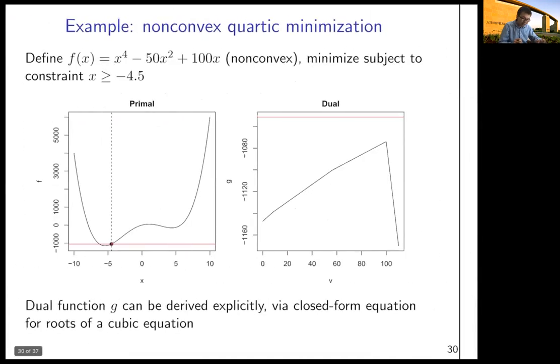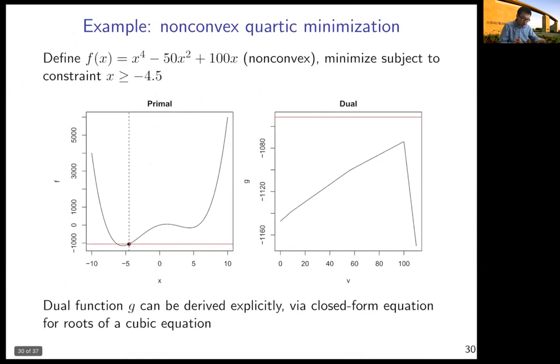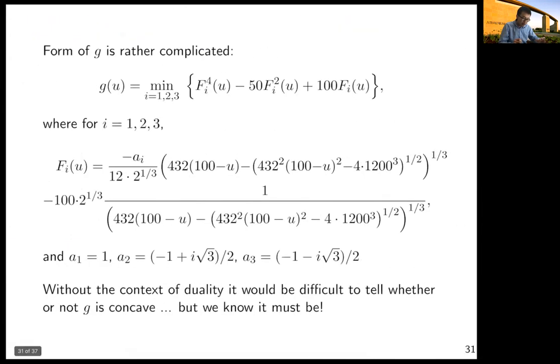Luckily the minimization of the Lagrangian remains solving a cubic equation, right? So we can solve that cubic equation and then work out that closed form. Everything's super tedious, but eventually we end up getting solutions of this form, and we can substitute this into the original Fi formula, and that gives us this function g.